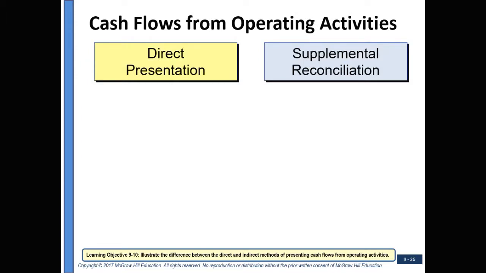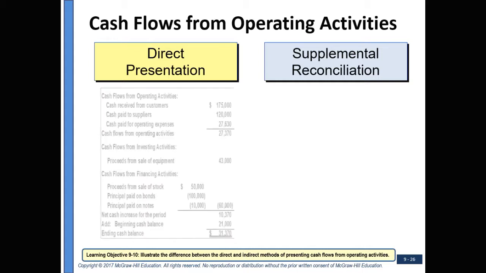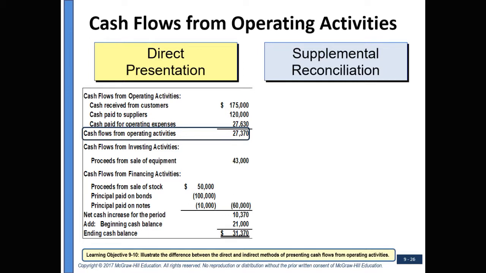So let's look at the statement of cash flows. It can be presented using the direct method. And here we have highlighted cash flows from operating activities. The direct method calculates the cash received and paid for each of the classifications of type of business.